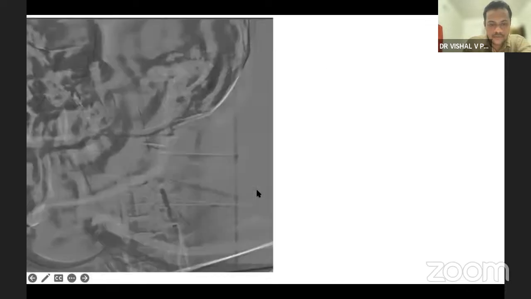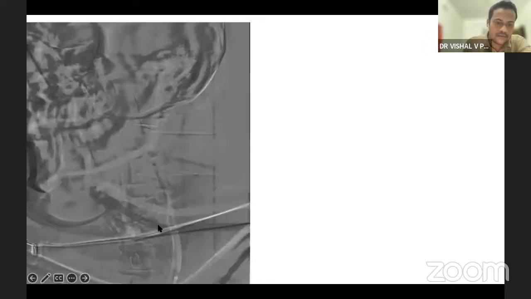And after a few dilatations, while dilating, we brought the Neuron Max to the proximal segment of the balloon, and over the balloon, we took the Neuron Max beyond the proximal segment, and now the Neuron Max is in the cervical segment, near the petrous segment.